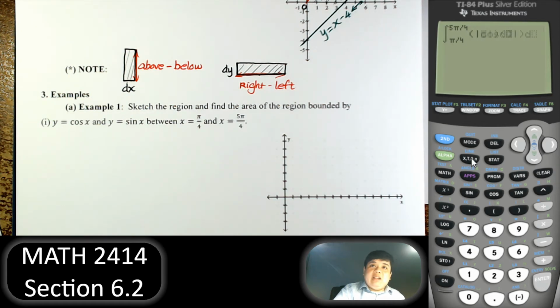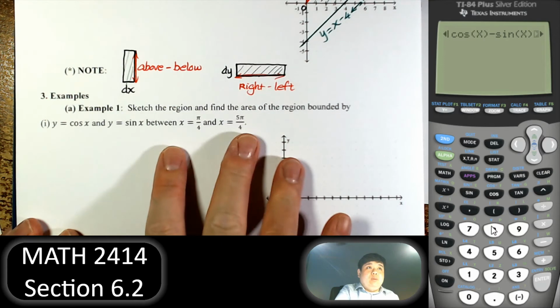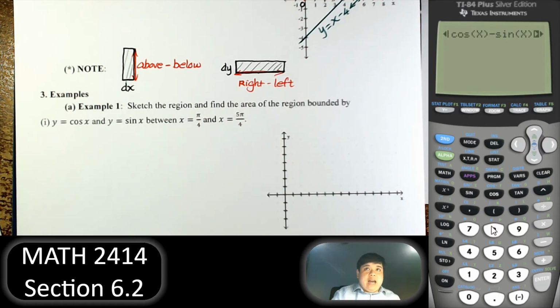How about cosine of x minus sine x? I said it doesn't matter, because of the absolute values, it guarantees it to be positive. So if we try to find the area bounded by two functions, and they give you the boundary, yeah, just absolute values. That certainly works. And so that's the answer. That looks like 2 square root of 2.